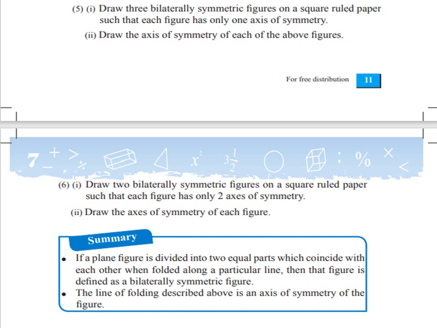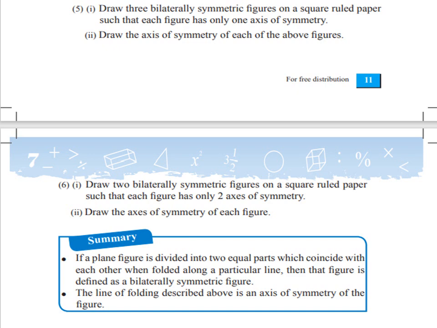That means if a plane figure is divided into two equal parts which coincide with each other when folded along a particular line, then that figure is defined as a bilateral symmetric figure. We learned in the lesson that if a plane figure is divided into two parts, and the two parts coincide with each other, that means that figure is a bilateral symmetric plane figure.